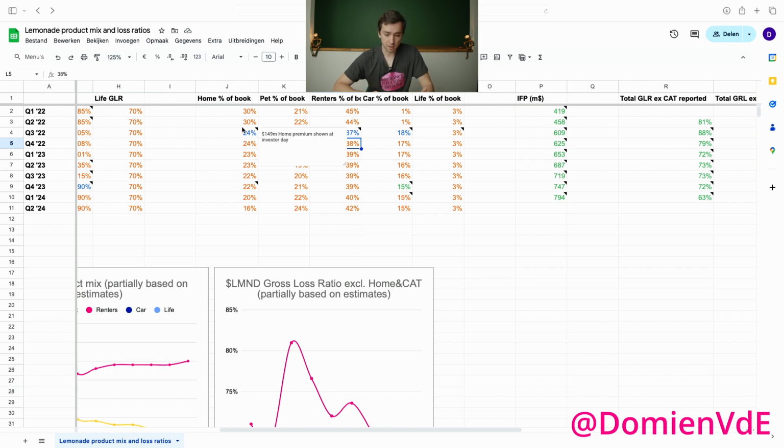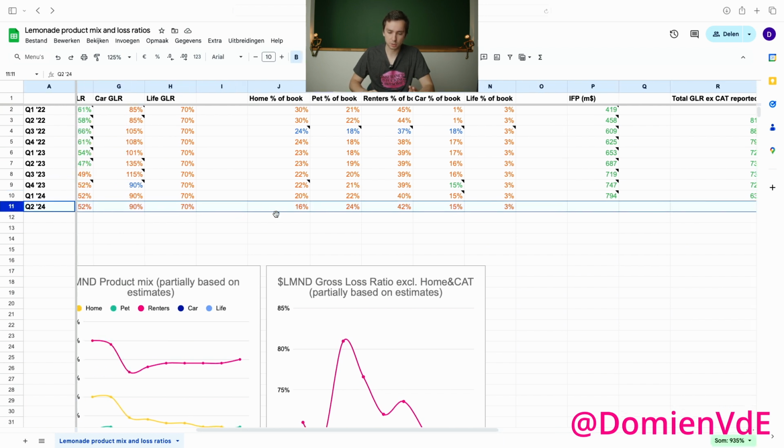As you can see here, throughout time, with the exception of the Metromile acquisition, which caused a large spike in the car percentage of the book, the product mix changes slowly, right? Basically, only 1% each quarter. Maybe now in Q2, but these are just a lot of guesses.